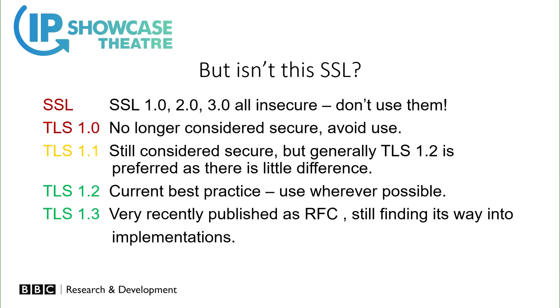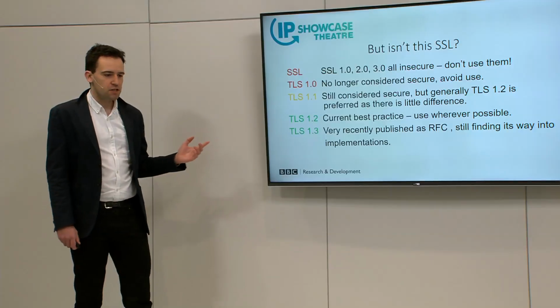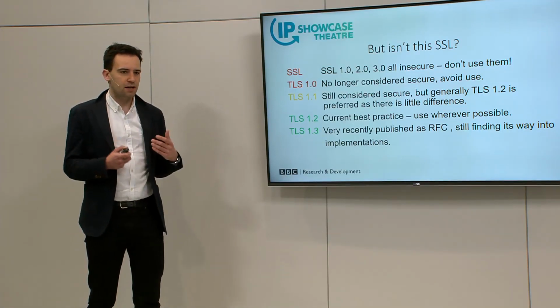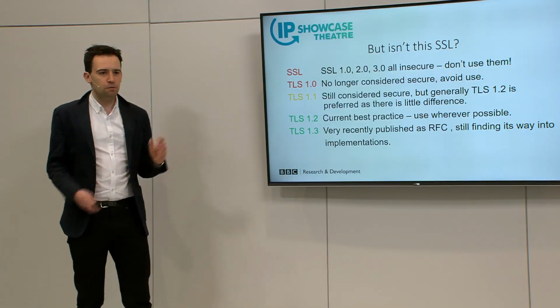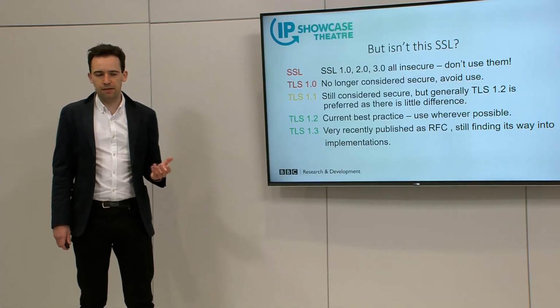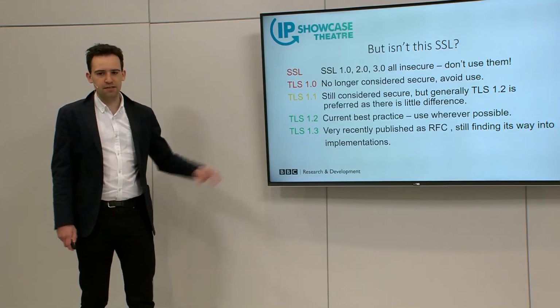TLS 1.1 is similar to TLS 1.2, but 1.2 has a few extra options in it, so the majority of web pages you'll see these days are served with TLS 1.2. TLS 1.3 has recently been published. It's starting to find its way into implementations now, but it's still not really out there. But we've also got provision in BCP-003-01 for use of that protocol because it will become best practice in the near future.